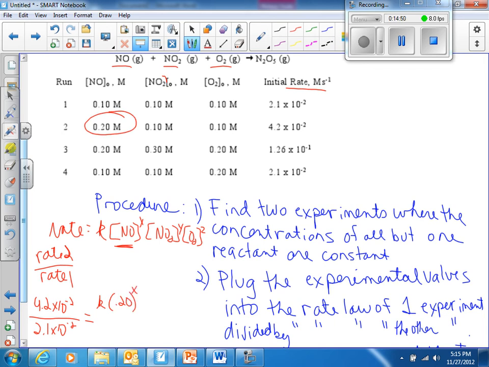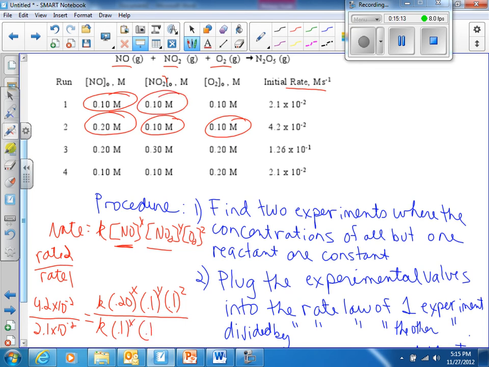I'm not going to put in the units, to the x. Now I need NO2, which is right here, 0.1 to the y. And I need O2, 0.1 to the z, over experiment 1, or run 1. So again, I start with my NO, 0.1 to the x, 0.1 to the y, and now I do the O2 right here, 0.1 to the z.